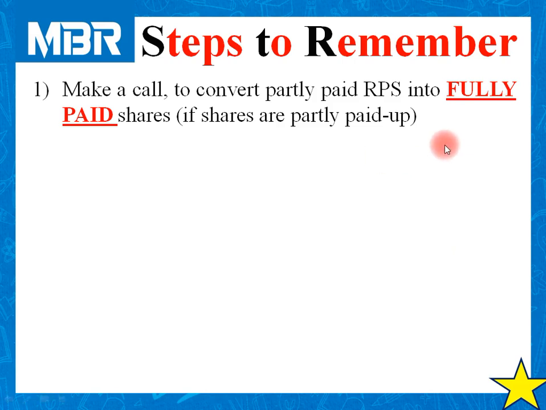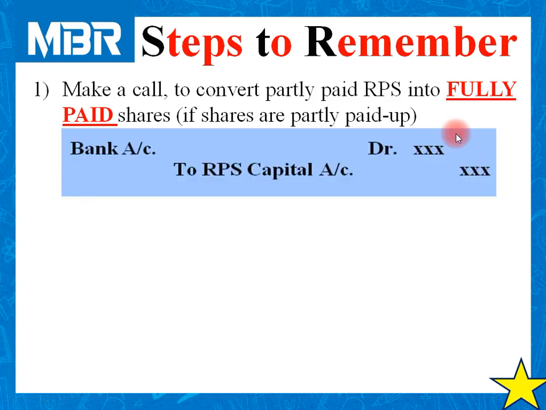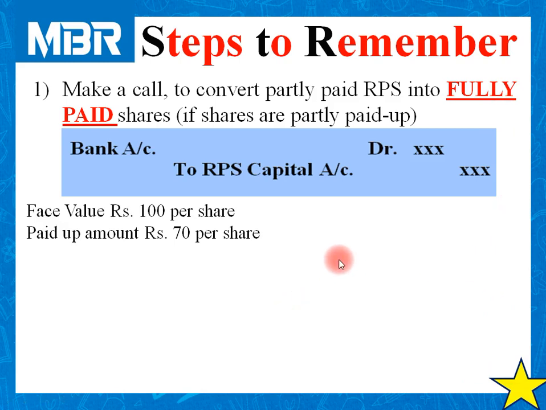A company may issue its equity shares at par, at premium, or at discount. But in our case, these shares are issued by the company at par, meaning at face value. Prepare necessary journal entries in the books of ABC Limited.